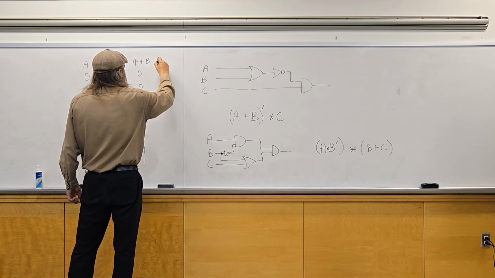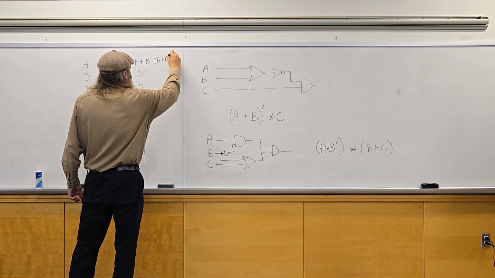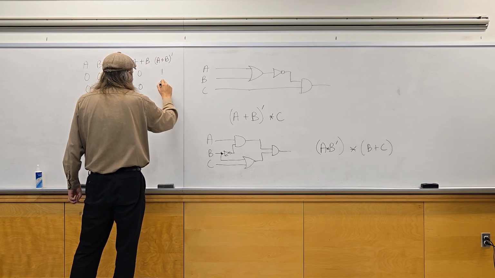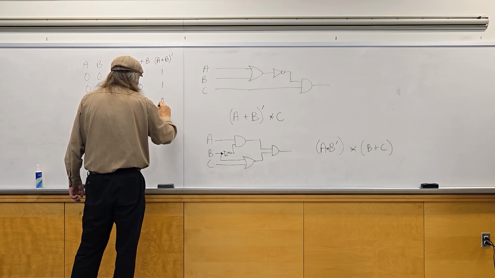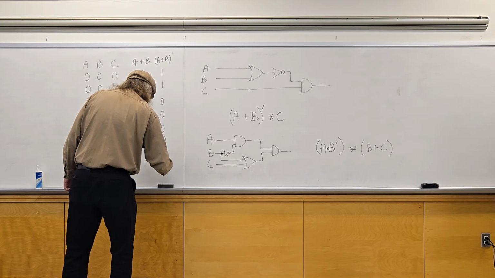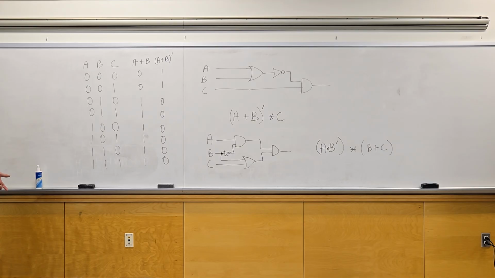And then A plus B prime, primed, A 1, 1, 0, 0, 0, 0, 0, 0. Right? When I ask right, I do actually mean that. Because I'm not infallible, I will make mistakes occasionally.